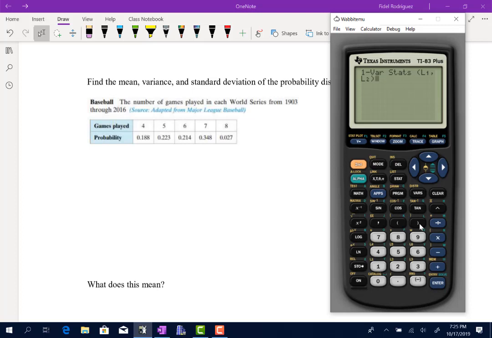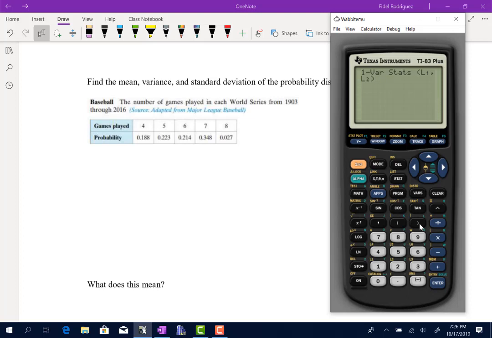then I'll come back to stat. I will go to calc. I'll do one variable stats. My luck, it's doing the same thing. Let's see. Here we go, stat, calc, one variable stats. Here we go, this one should do it.